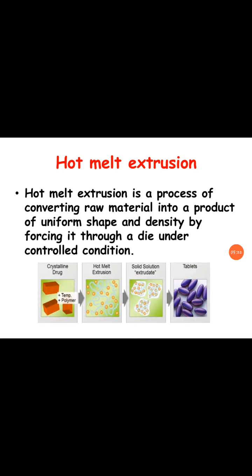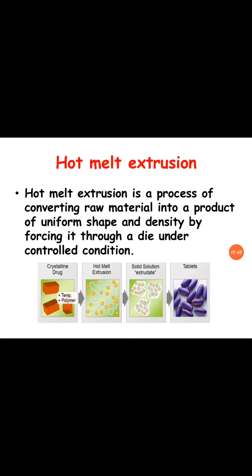The next method is hot melt extrusion. It is a process of converting raw material into a product of uniform shape by using a die system under controlled environmental conditions. First you take the crystalline drug along with the particular type of polymer which needs to be encapsulated.